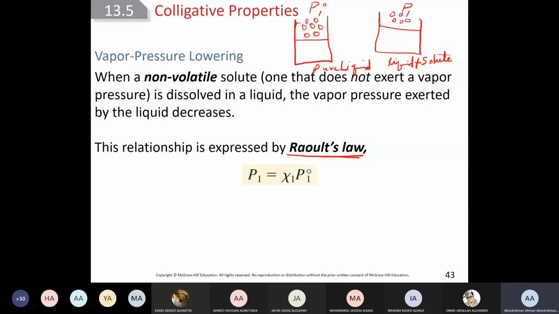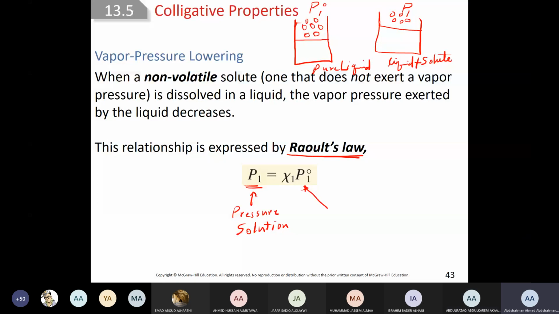So what's P1? Pressure of what? Liquid plus solute. Solution. Pressure of solution.